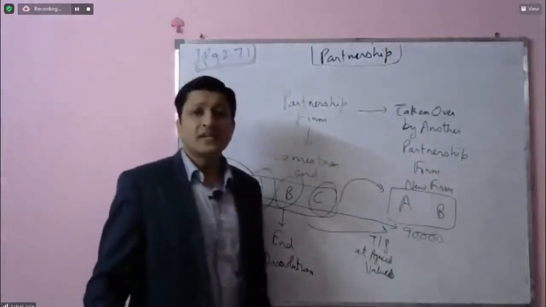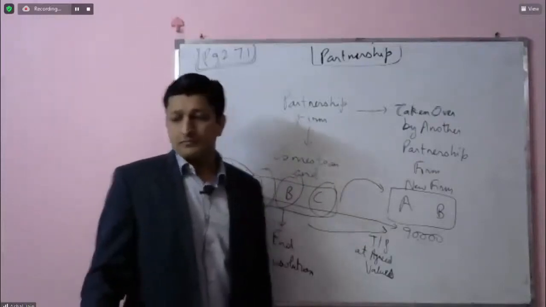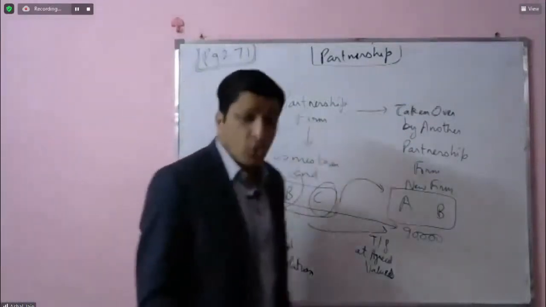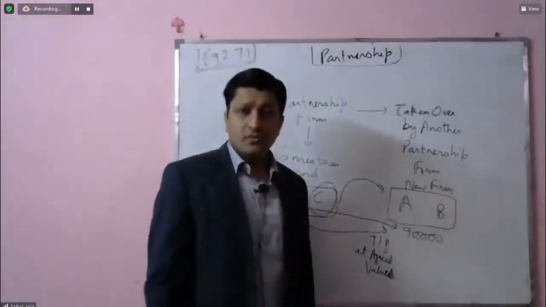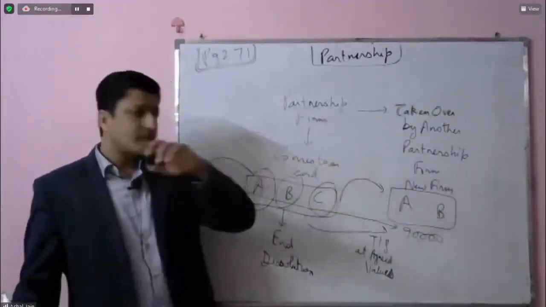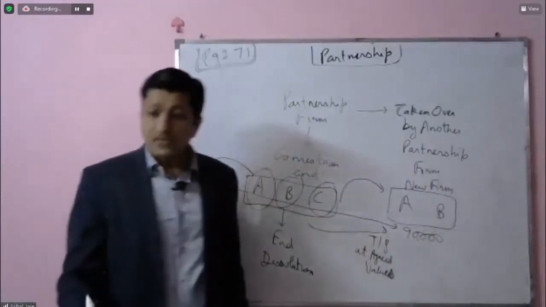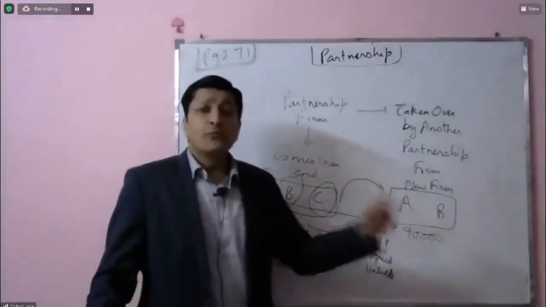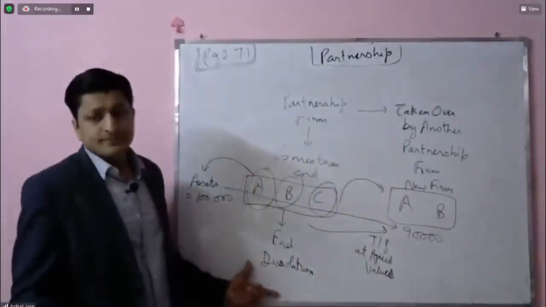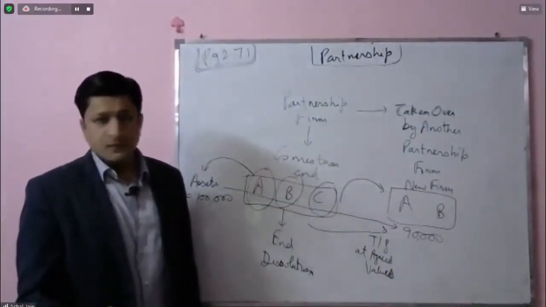But at the same time, please understand that once the old firm gets dissolved, even though some of the old partners continue that business by taking over the business of the old firm, even though there's no new partner, let's suppose, these are all old partners, only one of them has moved out, still this firm will be considered as a new firm. Why? Because the old firm is dissolved. It has come to an end. Clear?